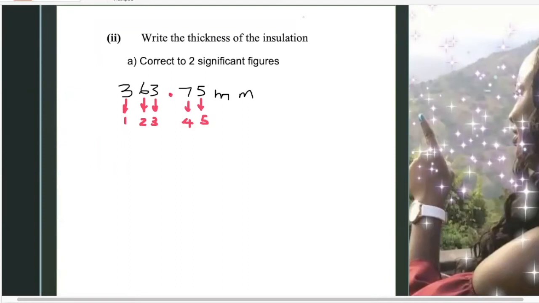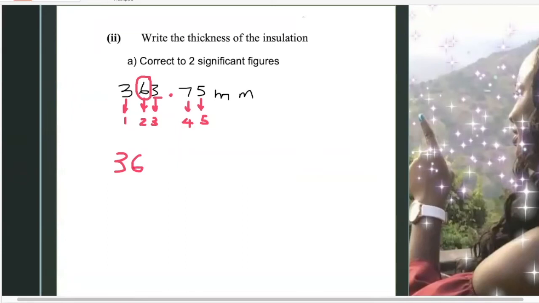So for this example that we have here, we have 363.75. And what we're going to do is round it out to two significant figures. So our focus is on 6. What is behind the 6 tells us whether we should round up or down. Because this is a 3, it means that we will not round up. So therefore, to two significant figures, we're going to have 36.